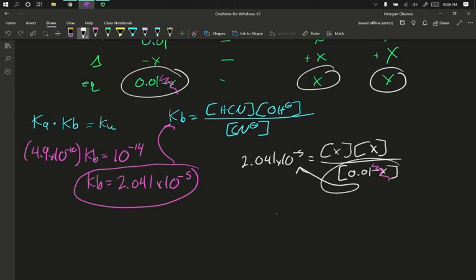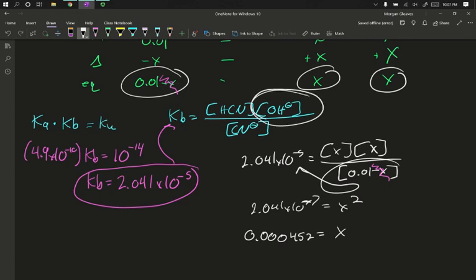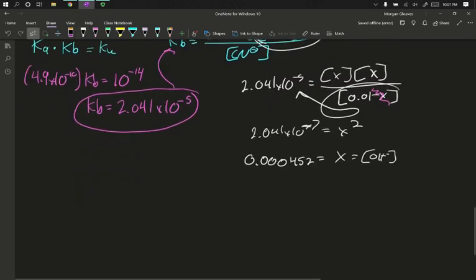Multiply this up, 2.041 times 10 to the minus 7 equals X squared. X equals 0.000452. Well, that is our hydroxide concentration, which means we can find the pOH.